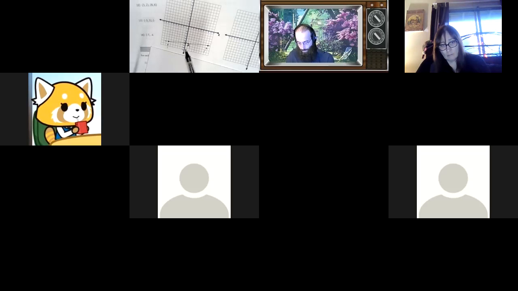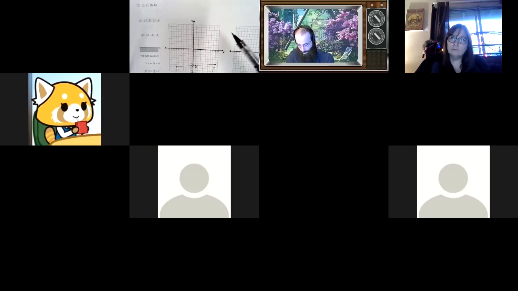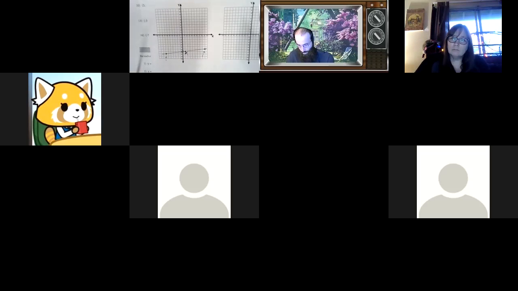We could even probably figure it out, well, absolutely, if we have the y-intercept. That just means that is another coordinate on the line. And if we've got that, we can figure out everything else. So it's practice. But it doesn't get much more complicated than what we just did.